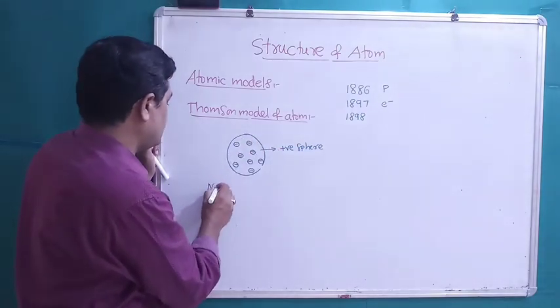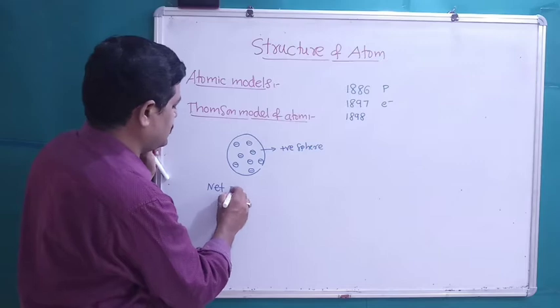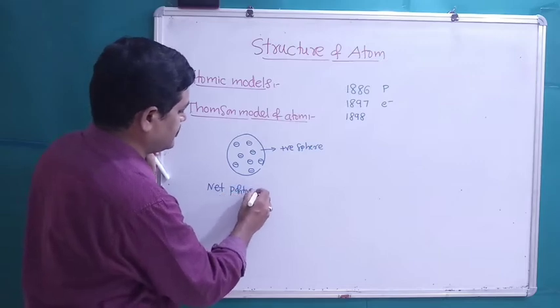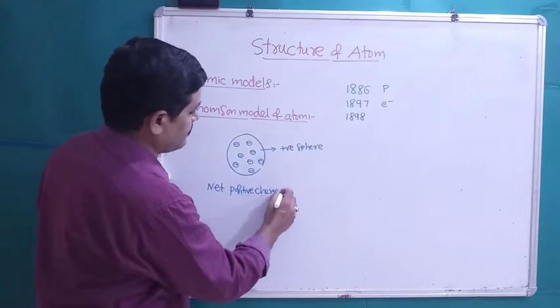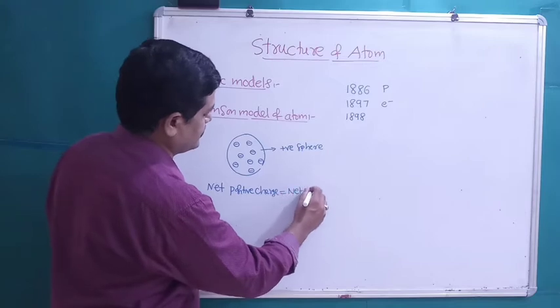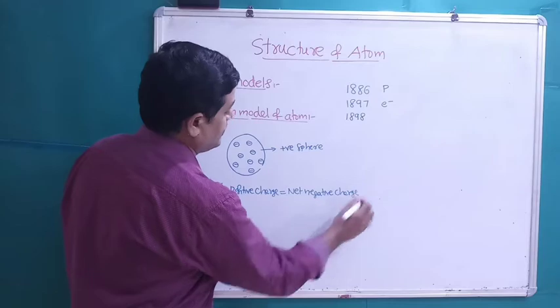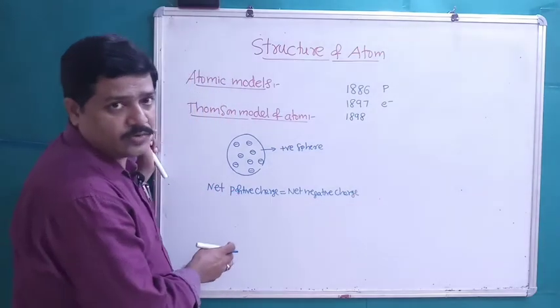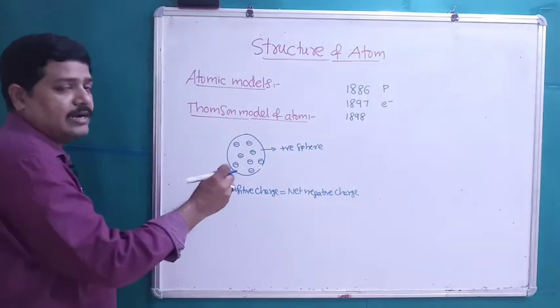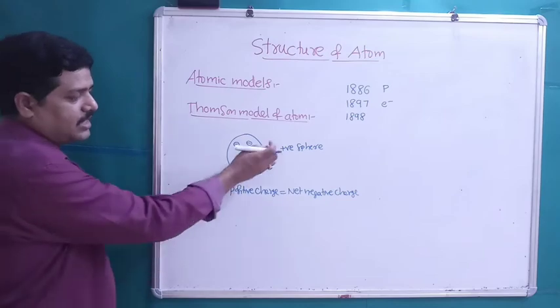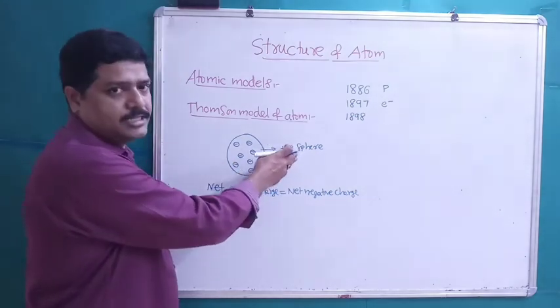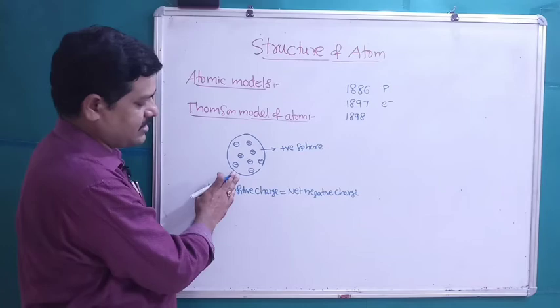Here he said that net positive charge is equal to net negative charge. He was able to explain the electroneutrality of the atom. Why is the atom neutral even though it contains positively charged protons and negatively charged electrons?